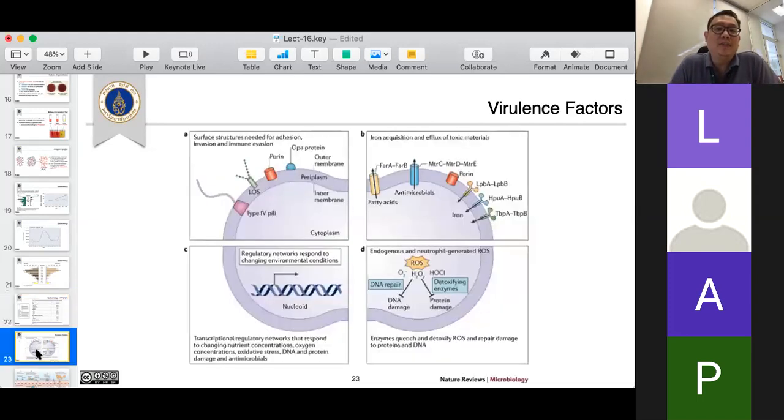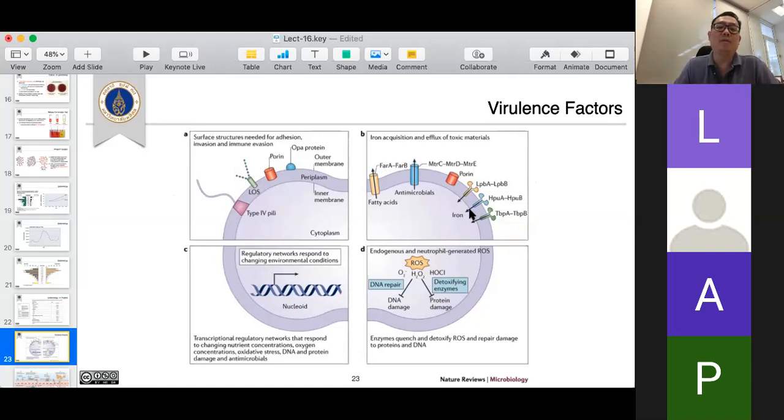Virulence factors of Neisseria gonorrhoeae include so many things. They have membrane proteins: pili, lipo-oligosaccharide, which is an endotoxin, porin protein, and Opa protein. The membrane proteins are for attachment to host cells. Some ion channels pull iron out.